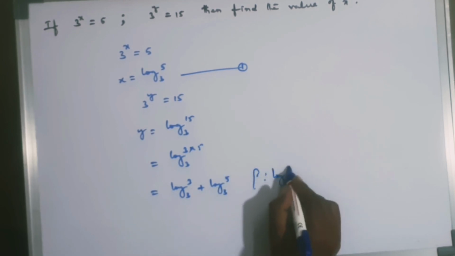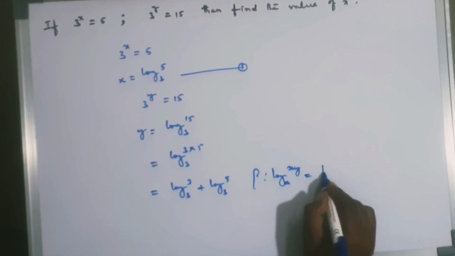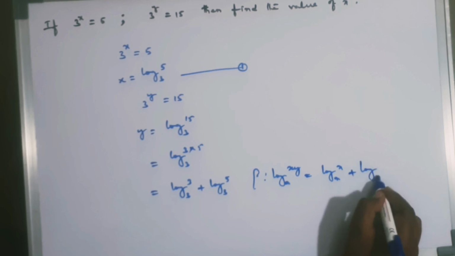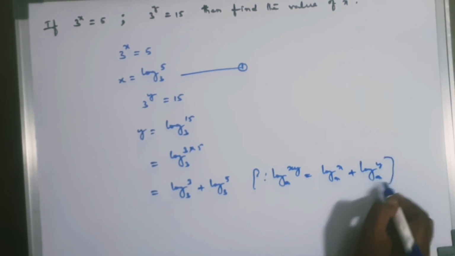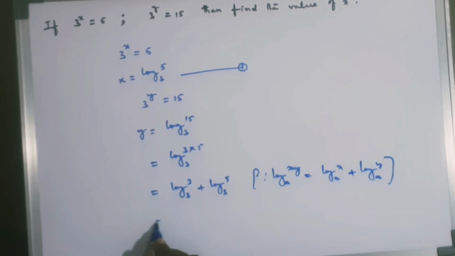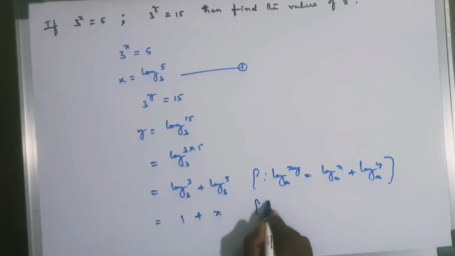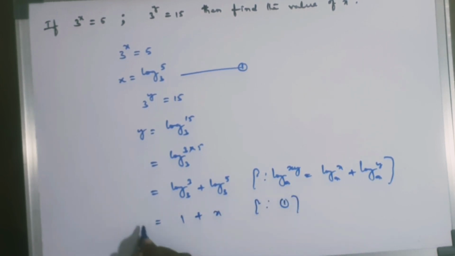Log base a to x into y, I write log base a to x plus log base a to y. So what is the answer then? 1 plus log base 3 to 5. From equation number 1 I can write x equals y minus 1. What is the question? Find the value of x. Then x equals y minus 1.